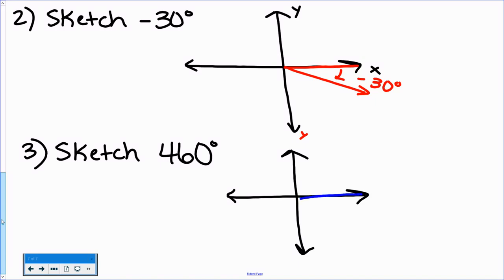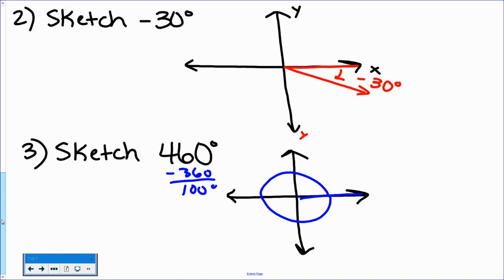So our terminal side is at 0 degrees on that x-axis. If I was traveling in a positive direction, I'm going to go counterclockwise. That would be 360 degrees around, and then how many degrees I would have left would be 100 degrees left over.